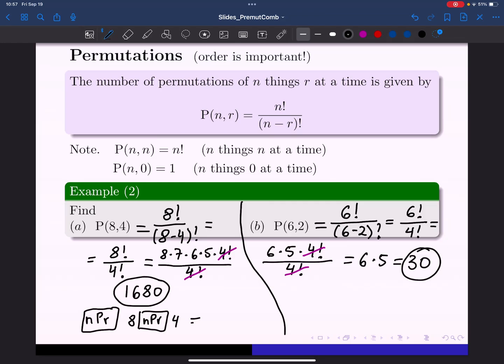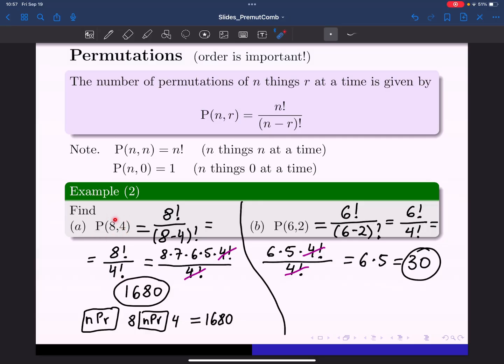If you press the equal sign, you should get the number we have right here, 1680. Some calculators have this button, some have a button like P(n, r).